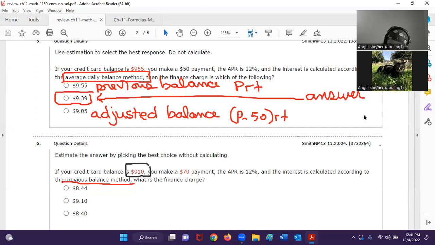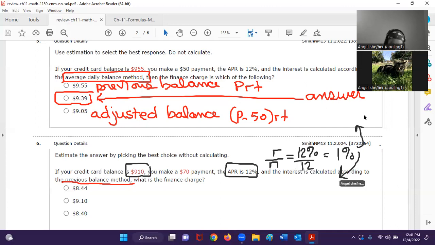The APR being 12%, when we look at R divide by N, right, as our interest rate for the month, we're looking at 12% divided by 12, which is the 1%, which I was also looking at above.